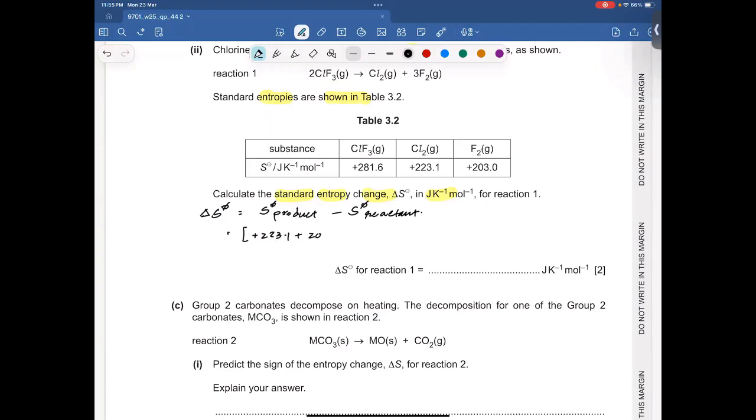Its entropy value is 203.0. We need to multiply this value by 3 because we have 3 moles in the equation. Minus reactant, we have ClF3, which is 281.6. Needs to multiply by 2 because we have 2 moles in the equation. So the value of standard entropy change from this data would be plus 268.9 joules per mole per Kelvin. So it's basically plus 268.9.